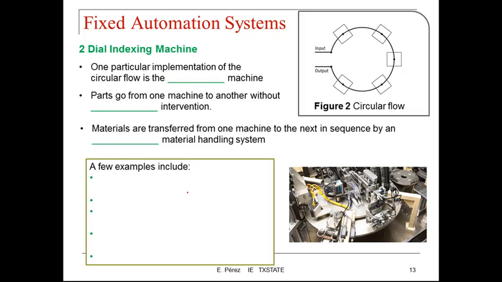A second type of automation system, or fixed automation system, is called the dial indexing machine. One particular implementation of the circular flow is this one, the dial indexing machine.